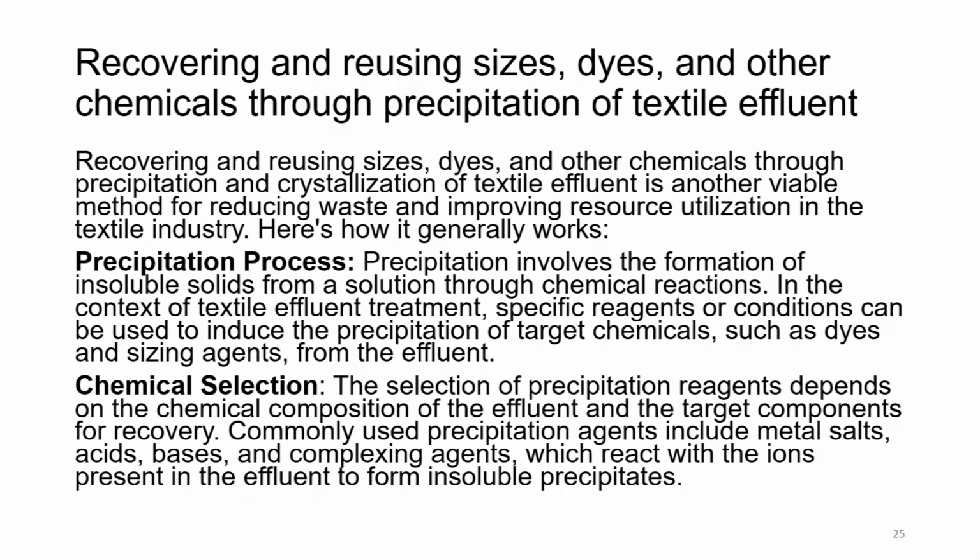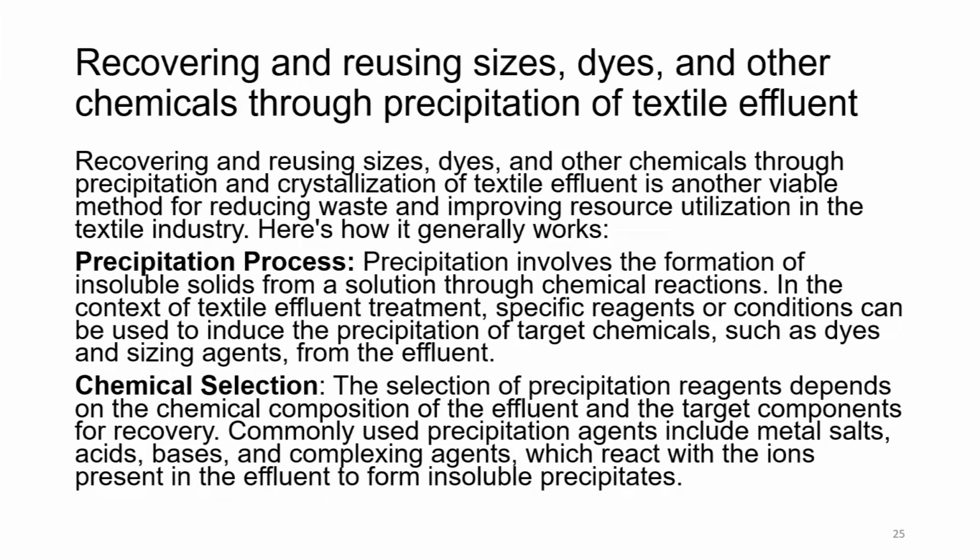Precipitation involves the formation of insoluble solids from a solution through chemical reaction. In the context of textile effluent treatment, specific reagents or conditions can be used to induce the precipitation of target chemicals such as dyes and sizing agents from the effluent. Chemical selection.